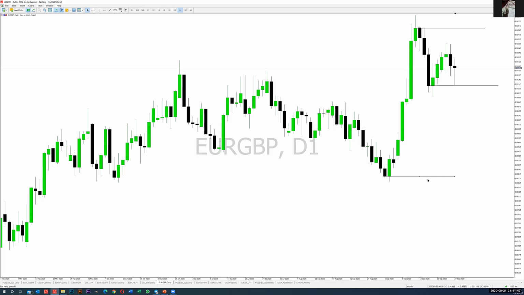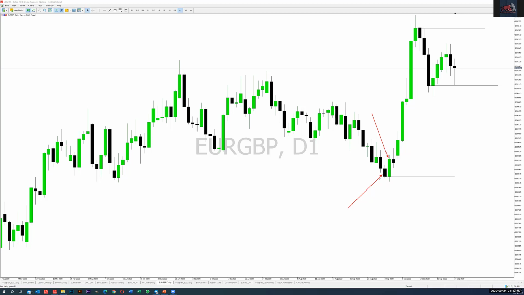Now once I've switched to a candlestick, you see this down candle here? When this bullish candle formed, this candle became a what? An original level.